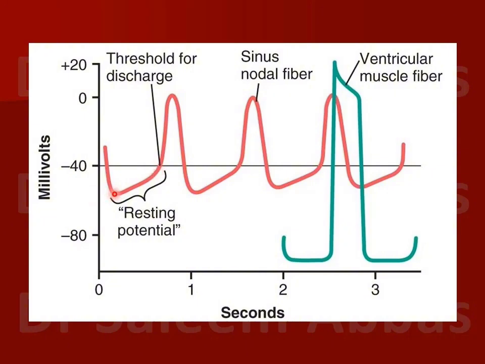So over here it is -55, and gradually this negativity is reduced till it reaches -40. Since no stimulus is being given, this is a resting membrane potential, but it is not stable. This is unstable resting membrane potential, and it is a characteristic of the SA nodal fiber.